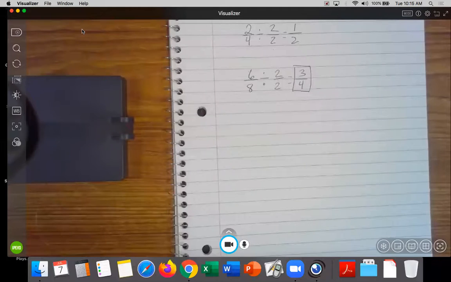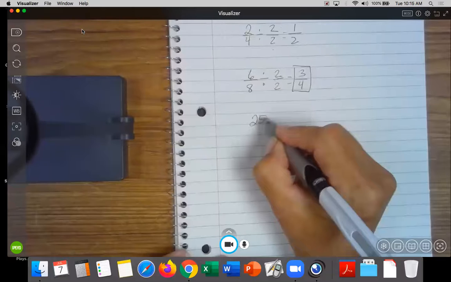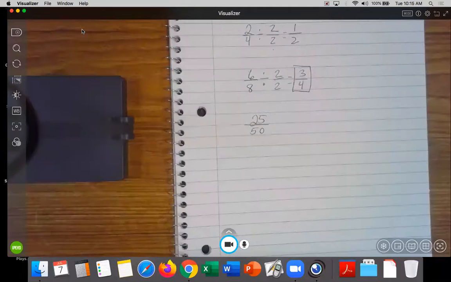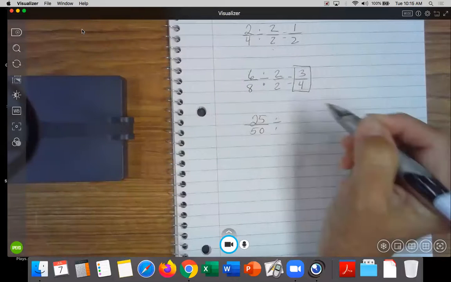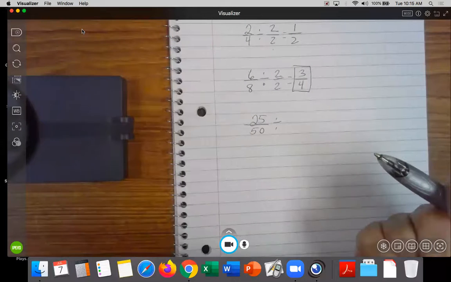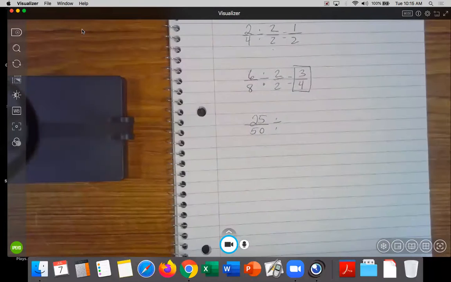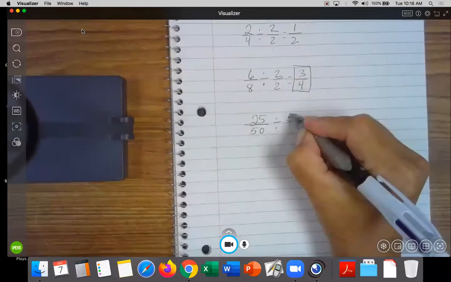Let's think of 25 over 50. I have to reduce that. What will divide evenly into 25, and it will also divide evenly into 50? Did y'all talk about divisibility rules this past year? Oh, yeah. Okay, so if a number ends in 5 or 0, both are divisible by 5. Good, whoever said that. So 5 over 5.